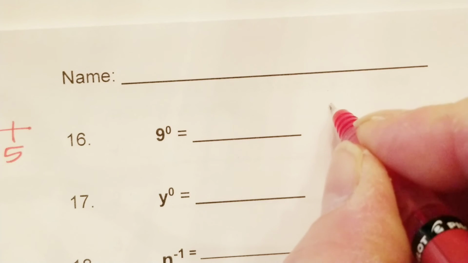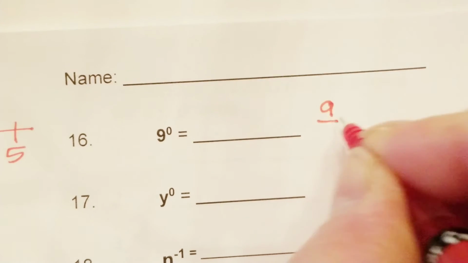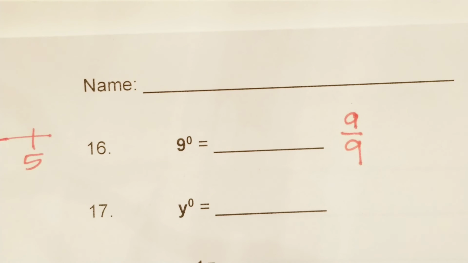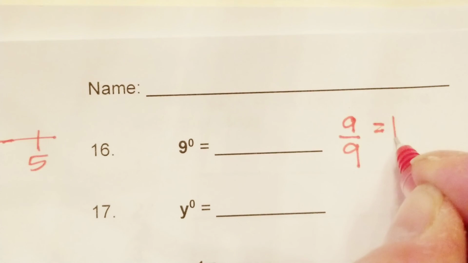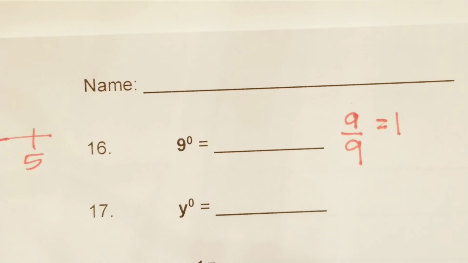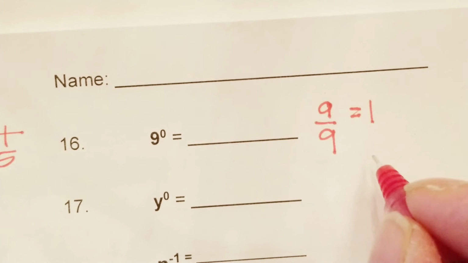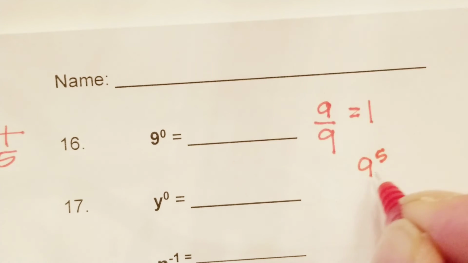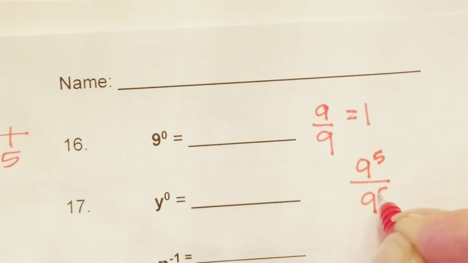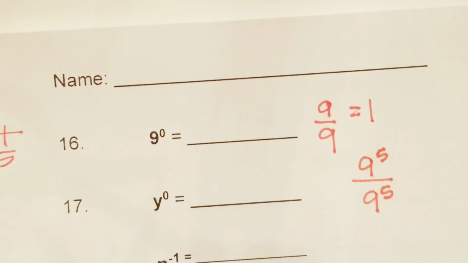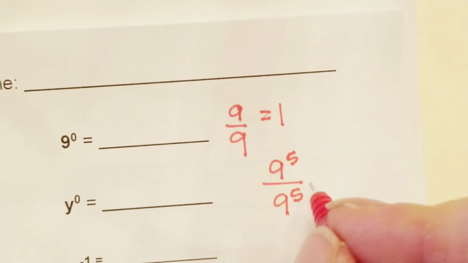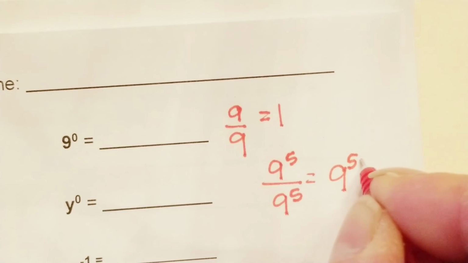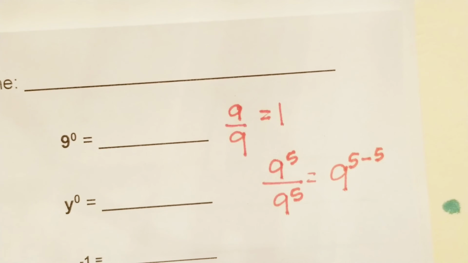So when you have the number 9 divided by itself, you get 1. Okay? And in division, we can say that if we have, say, 9 to the 5th power divided by 9 to the 5th power, we can also translate that as 9 to 5 minus 5.